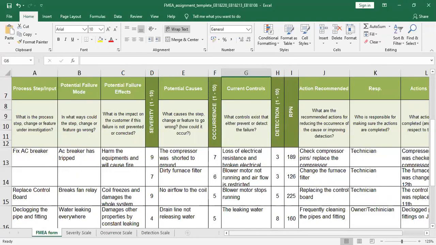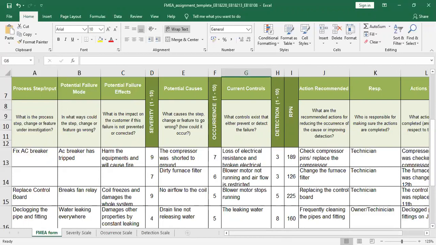Next, the problem is to declog the pipe and fitting because it causes water leaking everywhere, and this can damage other properties, and the severity is 4. The potential cause is that the drain line is not releasing water and it occurs quite frequently, so occurrence is 5.